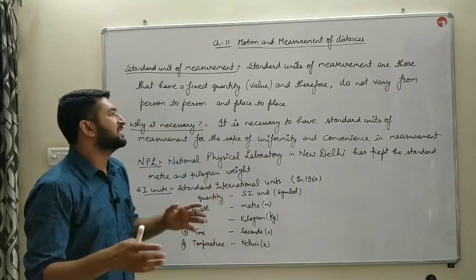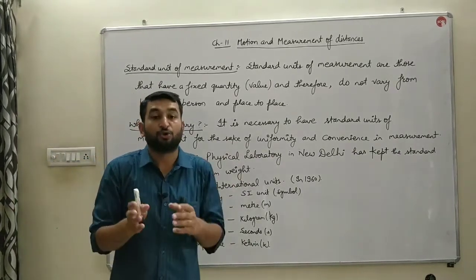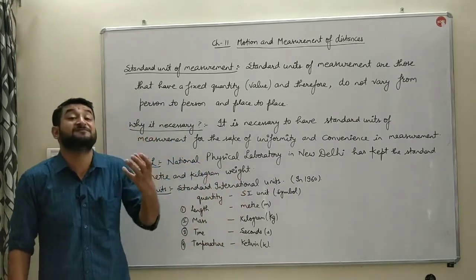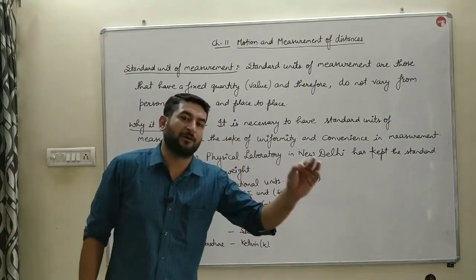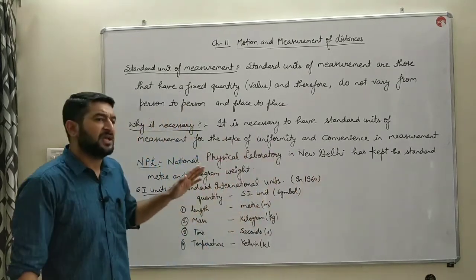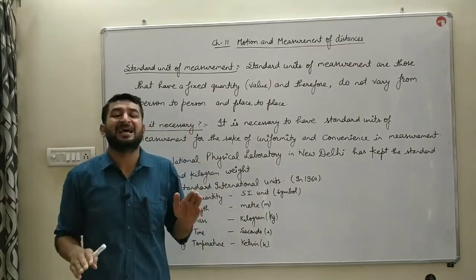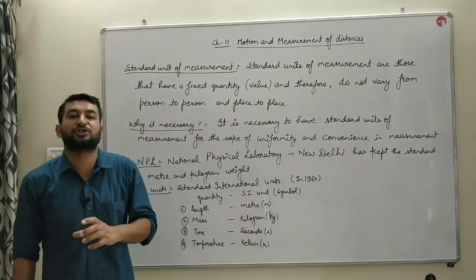So what are they? The standard units of measurement are those units which have a fixed quantity, a fixed value, and do not vary from one person to another. That means if we want to measure a length, the length is fixed as a standard, and that fixed standard cannot be changed from one person to another.